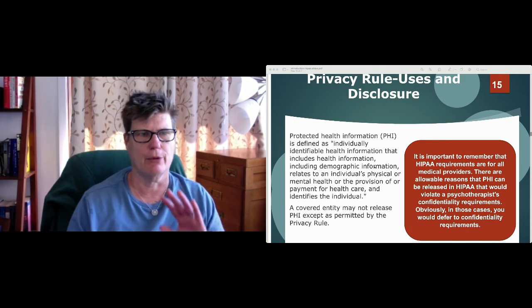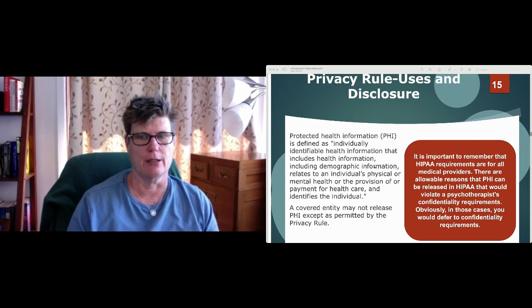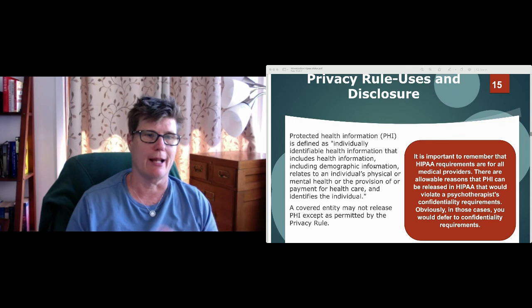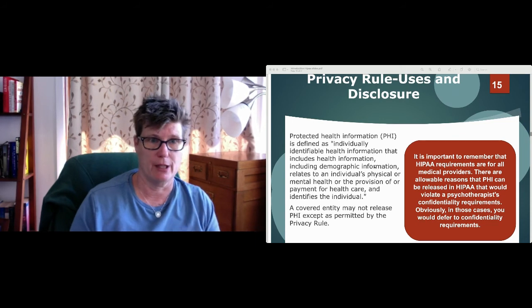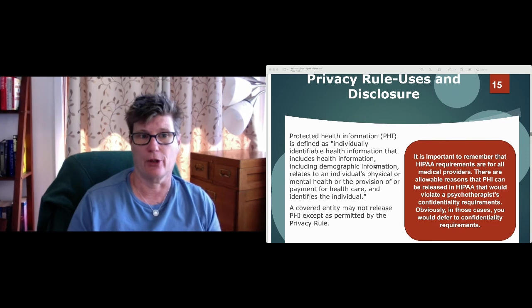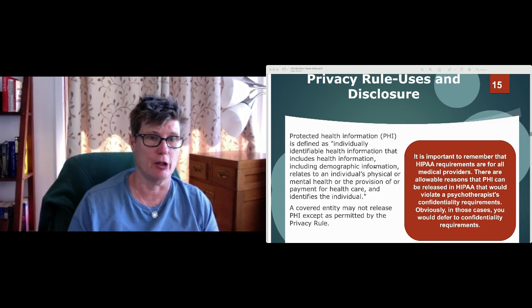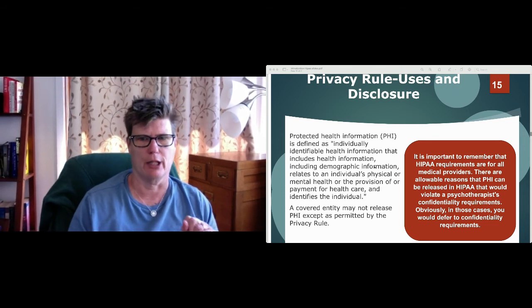So HIPAA requirements are for all medical providers, and there are some allowable reasons for all medical providers that healthcare information can be released, but they might conflict with our ethical standards. So it's important to weigh both. You have to be thinking about both our ethical and other standards as therapists and what the HIPAA rules are.